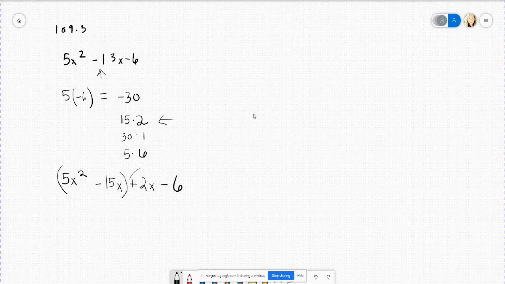Sorry. Undo that little part. All right. So what can we factor out of the first group? I'm sorry, Garrett, I didn't hear you. What can we factor out of the first group? Right. So what is that going to leave?